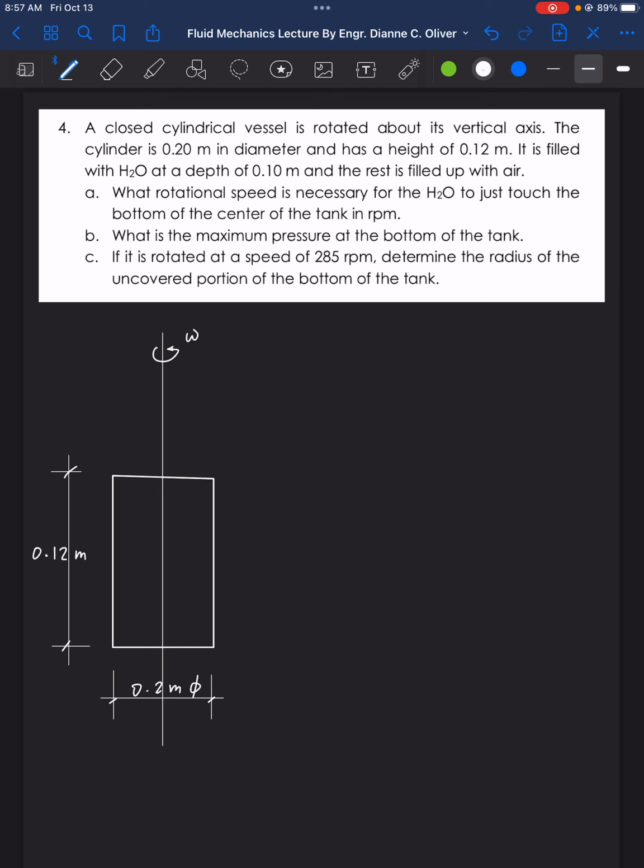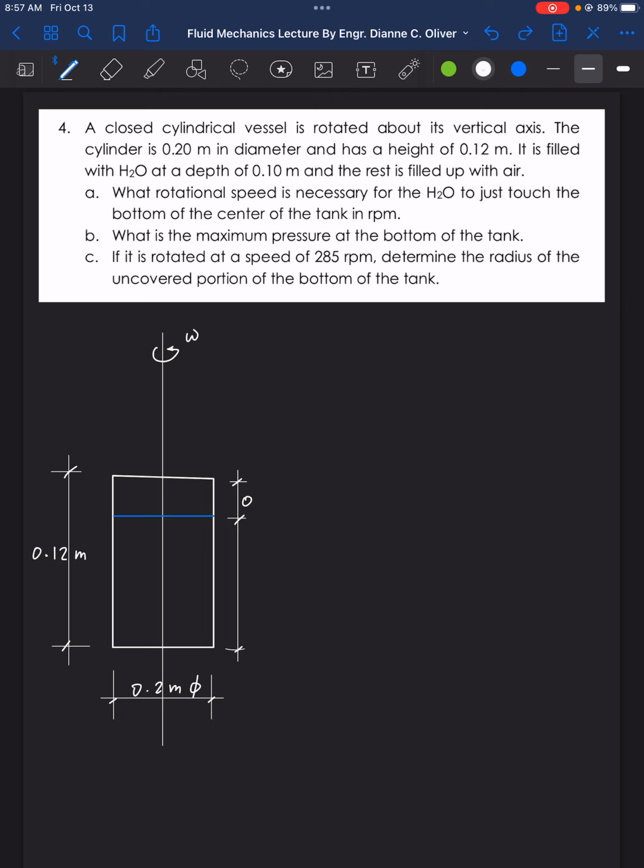It is filled with water to a depth of 0.1 meters. So our water is up to this point here. That is our depth of water, 0.1 meter.